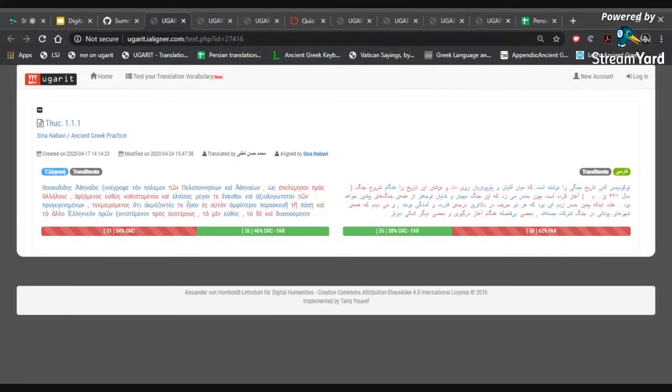Of course, they probably wouldn't change their approach to alignment. For example, I know that the learner who did this alignment doesn't find an exact equivalent for this word. Why has epolameson not been aligned? Because it doesn't exist in Persian, but at the same time, some of these words do exist in Persian. They just are not the exact word, so they may convey different meanings.